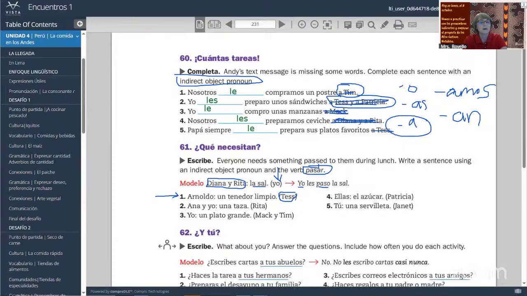Sorry, I skipped that one. Me pasan, right? Un plato grande. Okay, so there it is in the chat. Okay, Mac and Tim me pasan, right? Because they were giving it to me, yo, right? It's just the instructions in the book, but your way would have been correct too, Arshad.